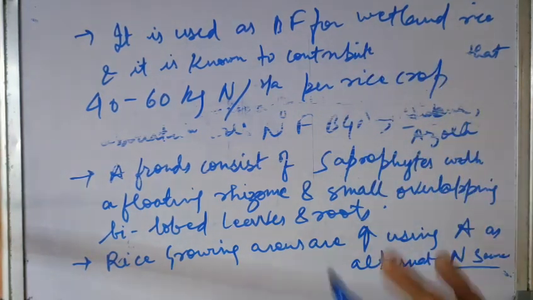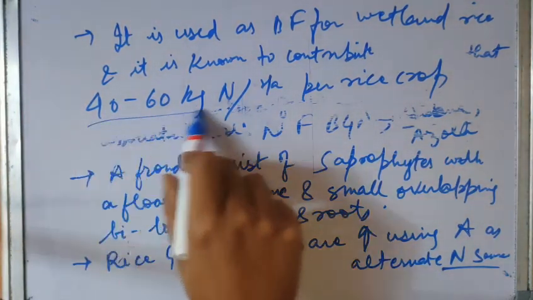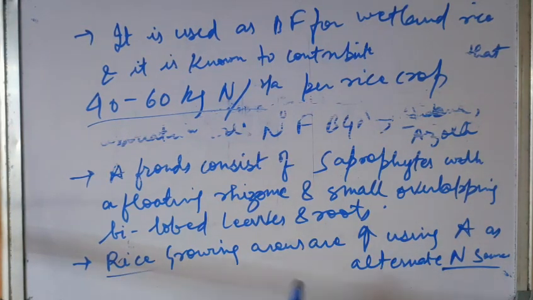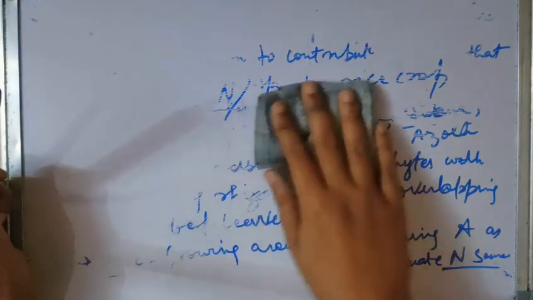So if you write these 4-5 points, what is azolla, how much nitrogen it produces, in which crop it is highly used, then this will be enough to get good marks.